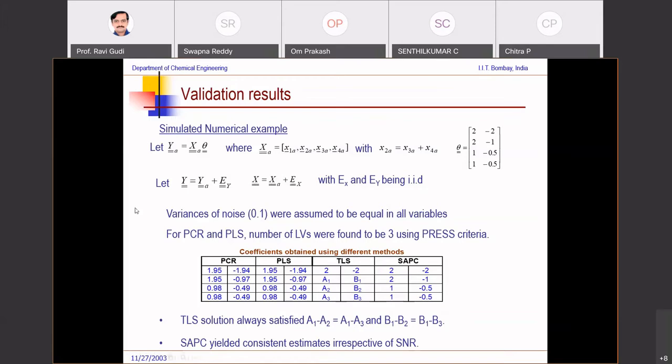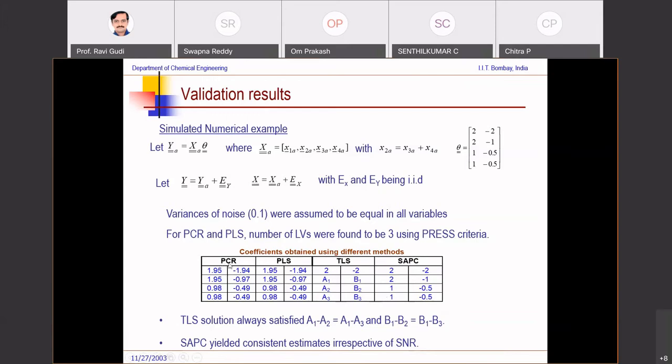But now, in the case when it is collinear, let's assume that we have EY, EX, noise variances of 0.1. Now we use PCR, we use PLS, we use TLS, and we use SAPC. This is the simplified augmented principal components. Now you see that SAPC gives you the true parameter matrix: 2, 2, 1, 1, -2, -1, -0.5, and -0.5.